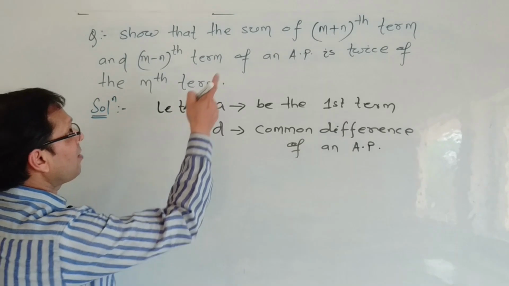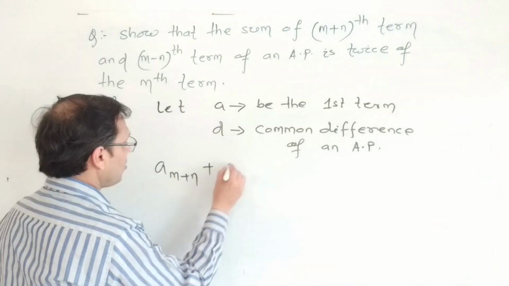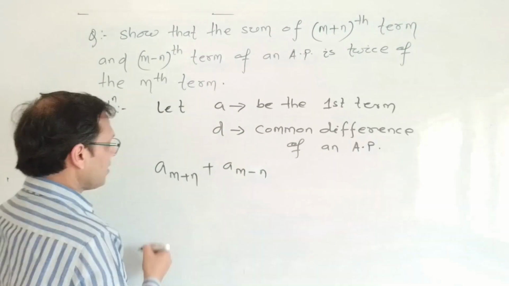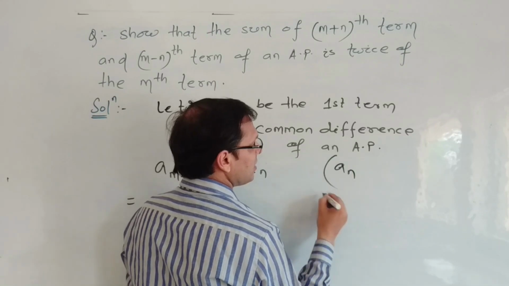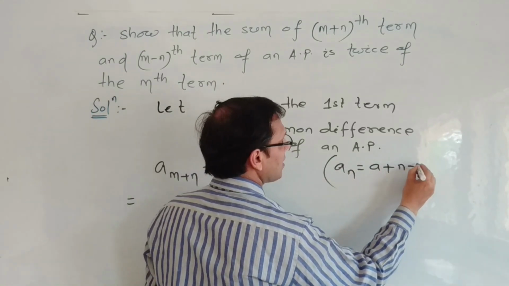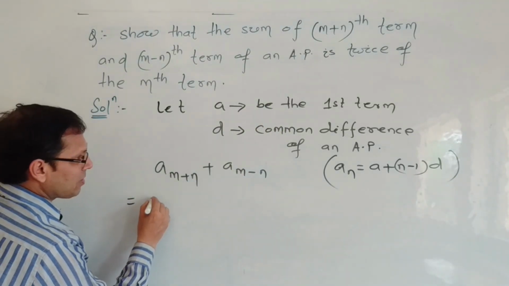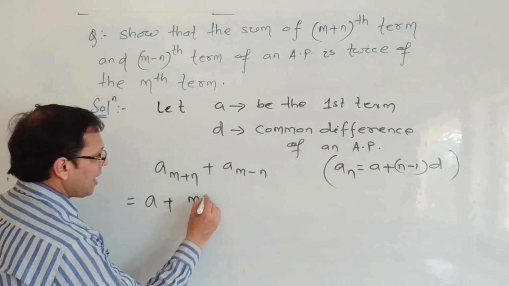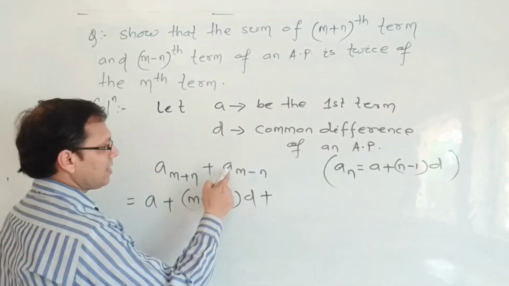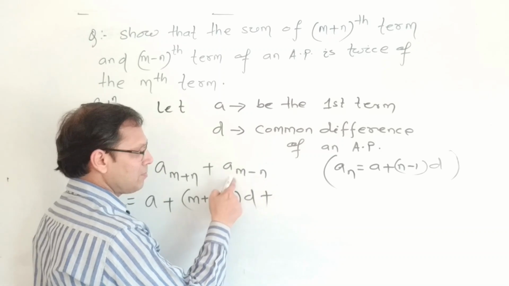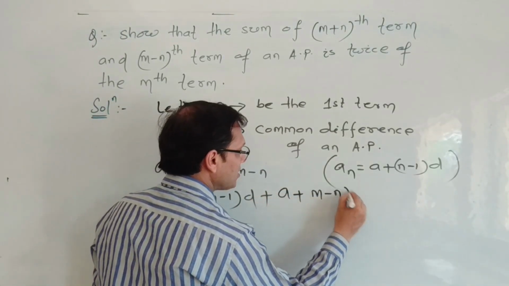So according to the question, a(m+n) plus a(m-n), the m plus nth term. We know that nth term is equal to how much? A plus n minus 1 into D.